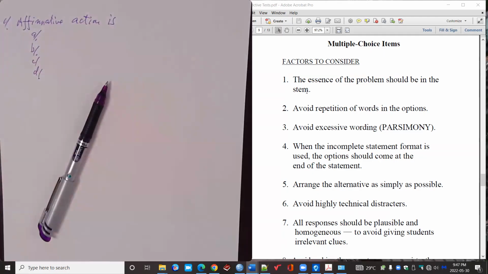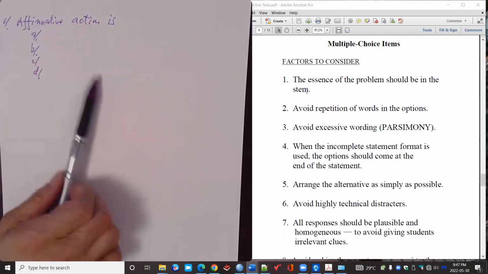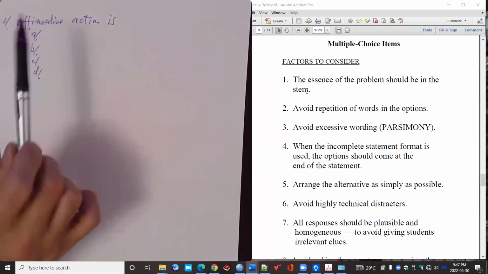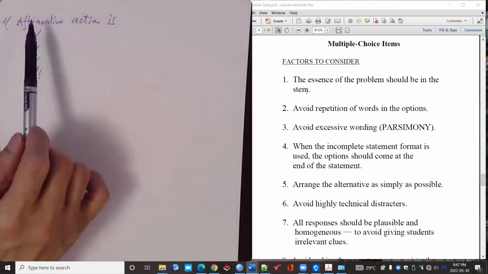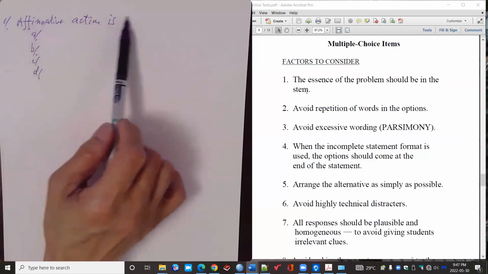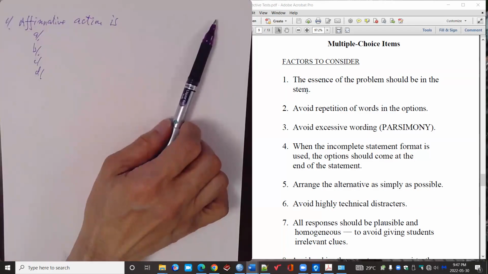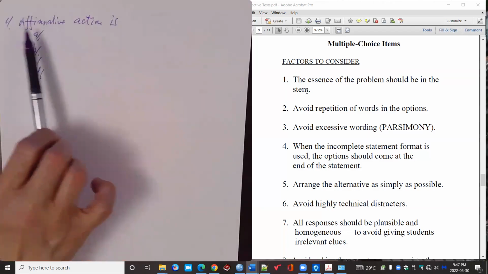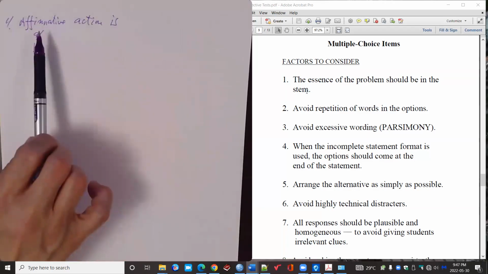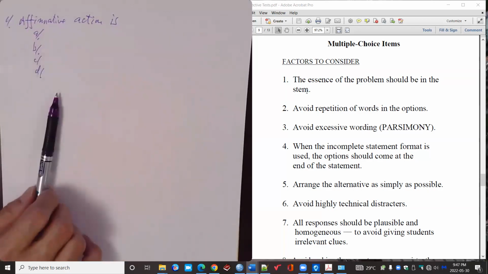This is not good. So the essence should be here. That means the stem should contain more information, so that the examinee reads this and will understand each one of them a lot better.